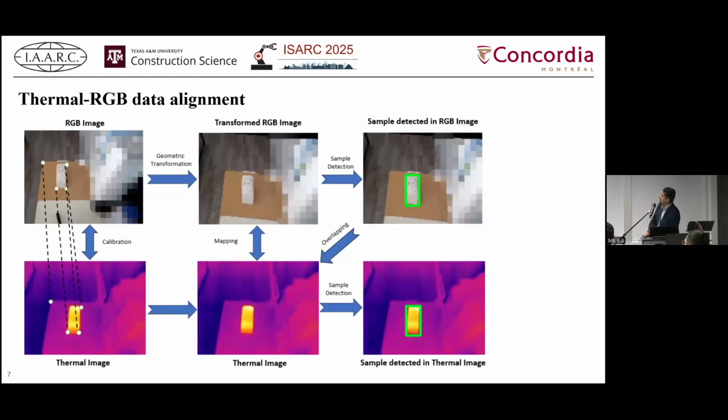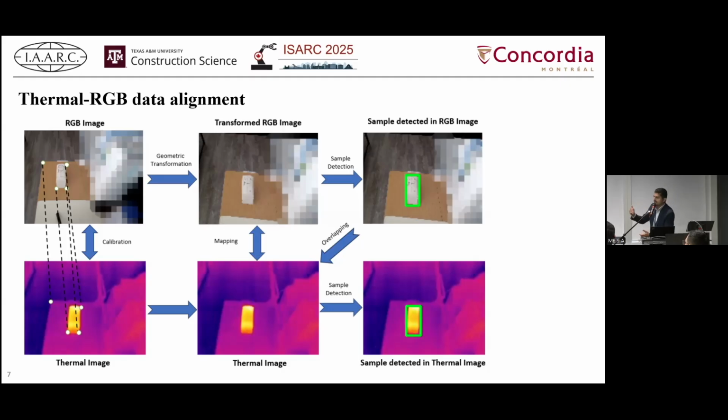The other thing that we developed was automatic alignment of the thermal and RGB data. The RGB image and the thermal image are looking at the same object, but at a slightly different angle, because the two cameras are not the same camera. So we have to first calibrate and align these two images, applying some geometric transformation so that both images look the same, and then you can overlap them.